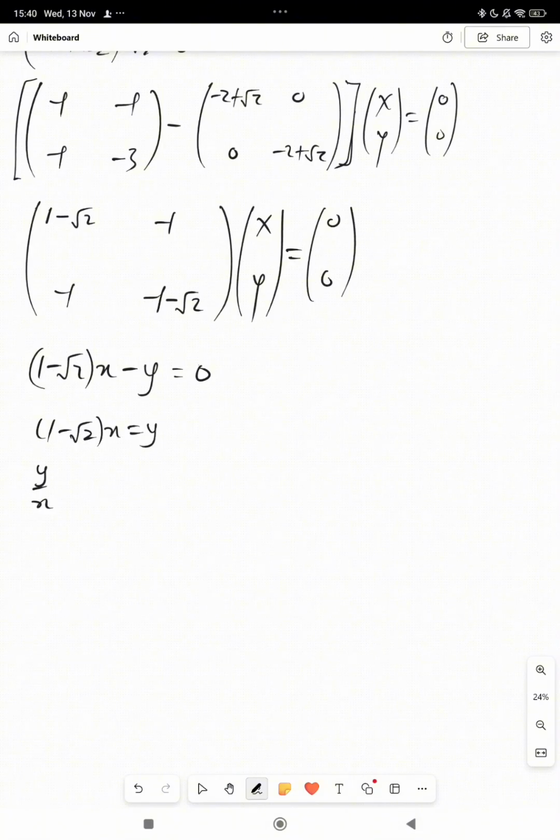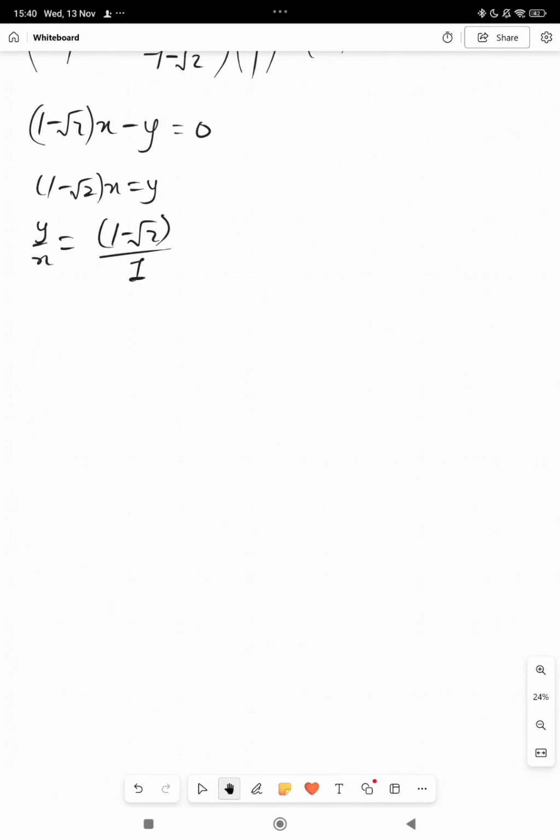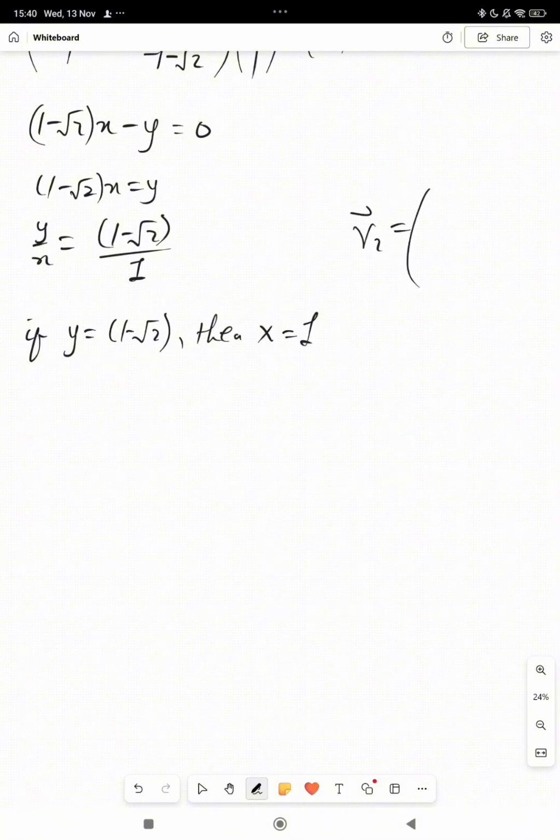Y divided by x is going to give us 1 minus the square root of 2 all over 1. Again, if y is equal to 1 minus the square root of 2, then x will be equal to 1.